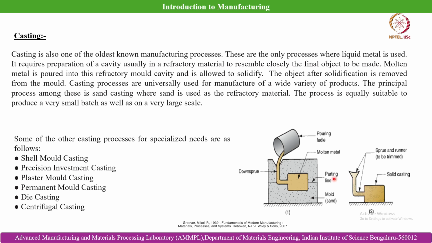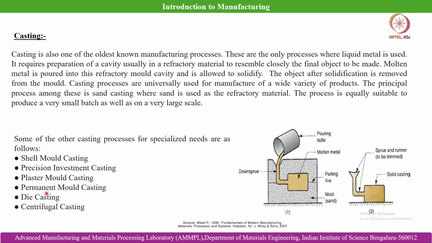Based on the choice of mold cavity, we can also classify casting processes like permanent mold casting, shell mold casting, and investment casting, where we use a ceramic shell instead of sand.